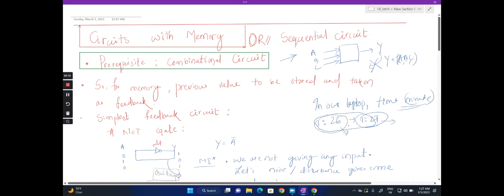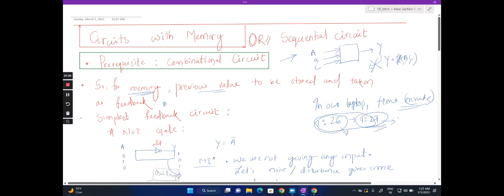So there is a need for memory in our day-to-day life. We can create a memory for the previous value, and we can take it as feedback so that we can get the new value like 127.